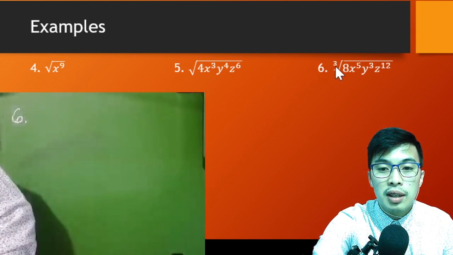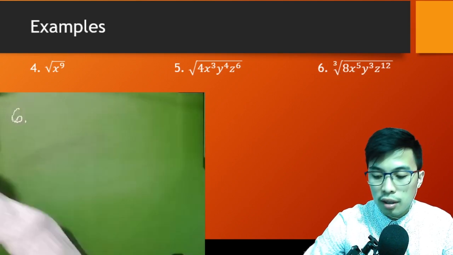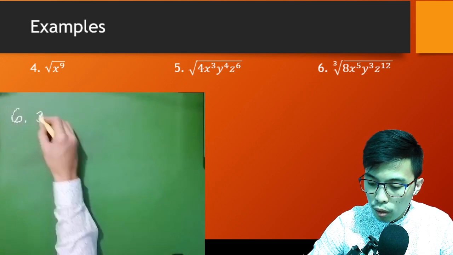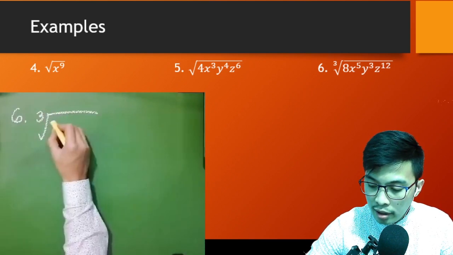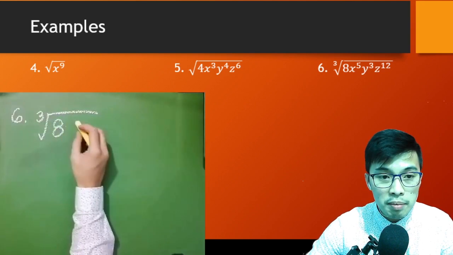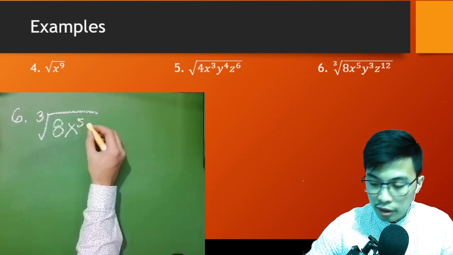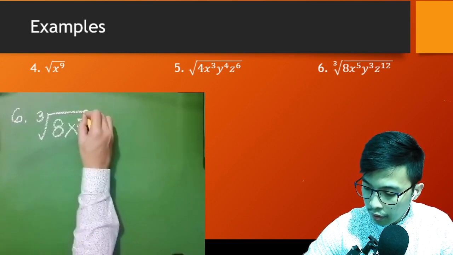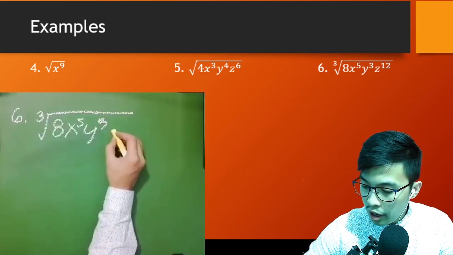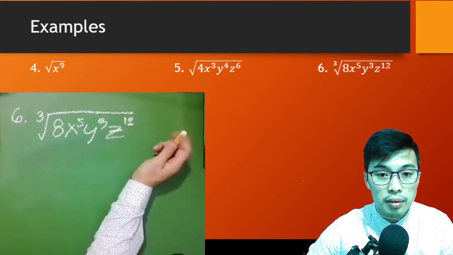Pero dito sa number 6, what we are trying to simplify is the 3rd root or the cube root of 8 times x raised to the power of 5 and then times y raised to the power of 3 and then z raised to the power of 12.